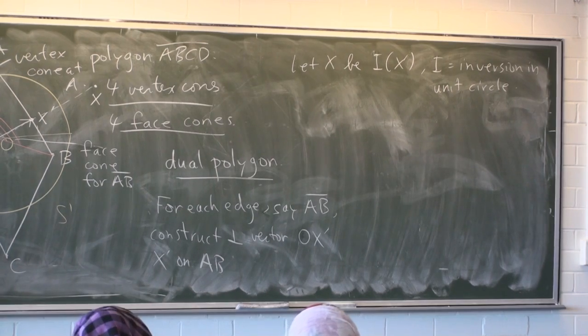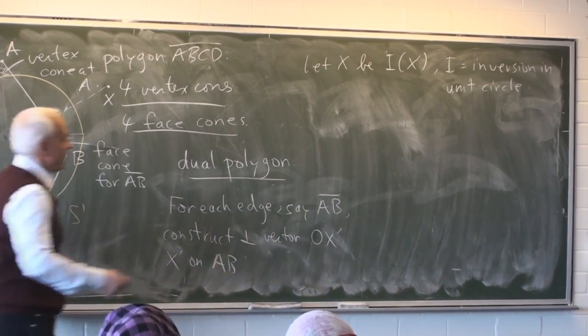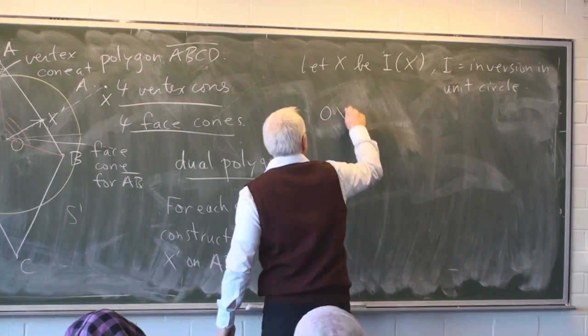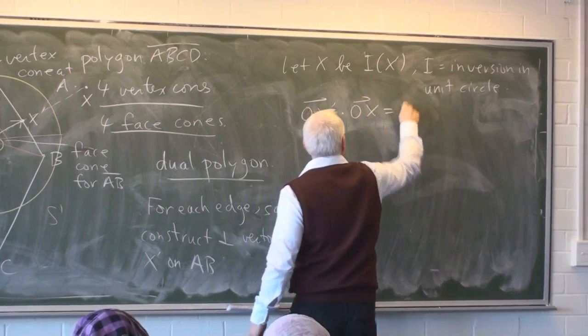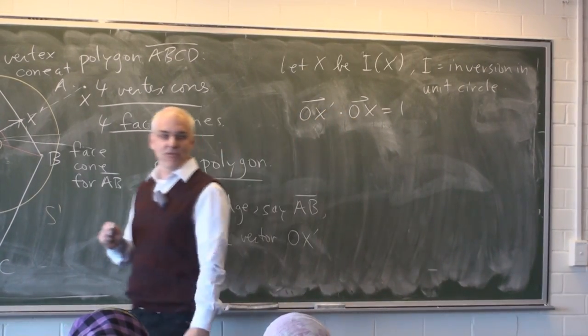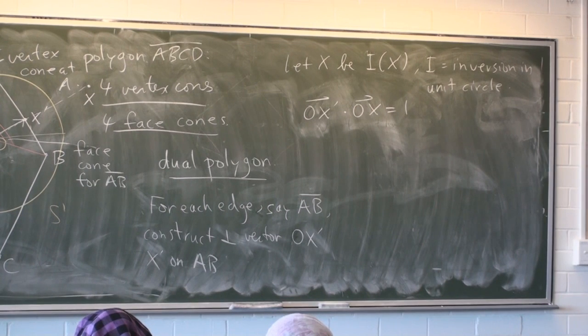And what does it mean in terms of, say, linear algebra? The inversion can be written as OX prime, that vector, dotted with the vector OX, equals 1. It's another way of saying that. It's in the same direction, but the dot product, or the product of the two lengths, is equal to 1.